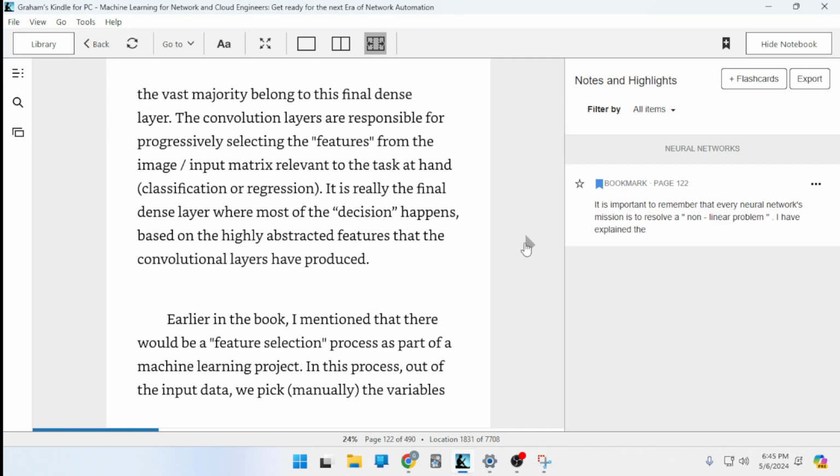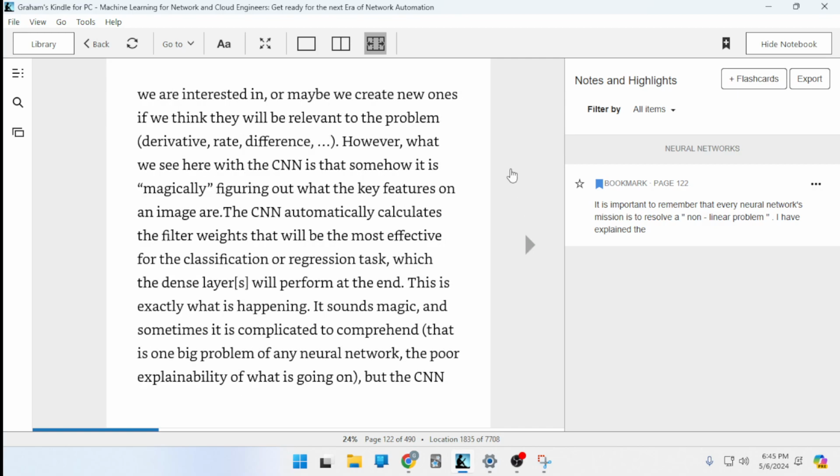Earlier in the book, I mentioned that there would be a feature selection process as part of a machine learning project. In this process, out of the input data, we pick manually the variables we are interested in, or maybe we create new ones if we think they will be relevant to the problem: derivative, rate, difference, and so on.